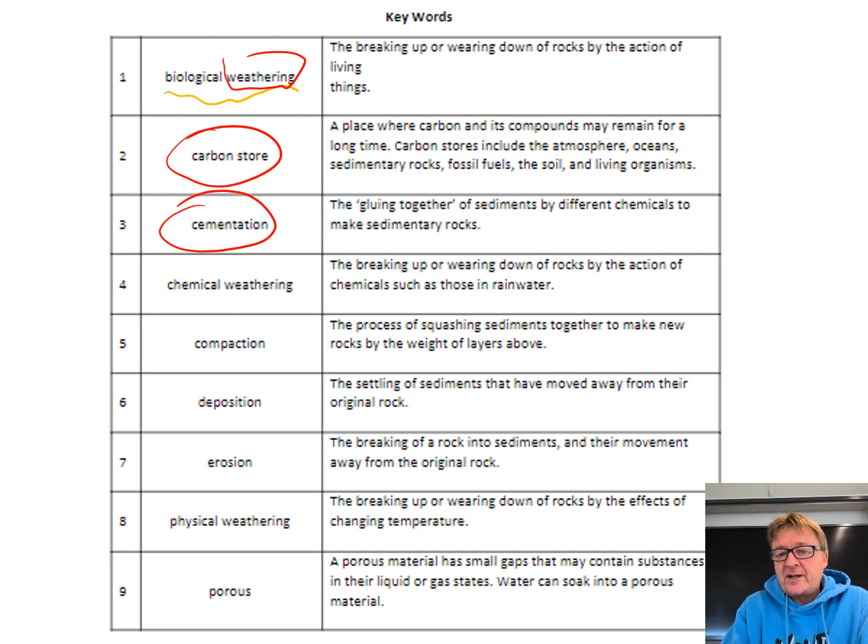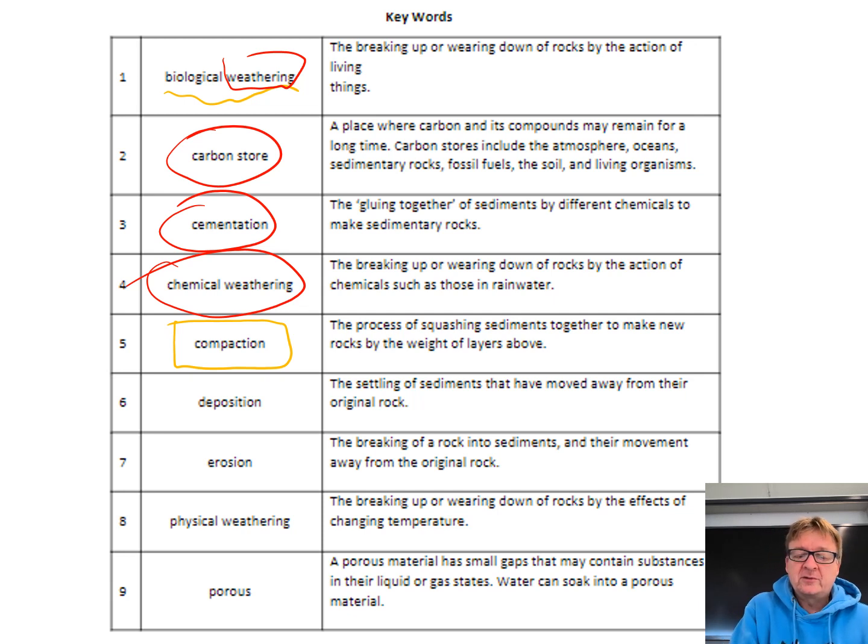Chemical weathering is the breaking and wearing down of rocks by the action of chemicals, such as acid rain. The process of squashing sediments together to make new rocks by the weight of layers above is compaction. The settling of sediments that have moved away from their original rock is deposition.